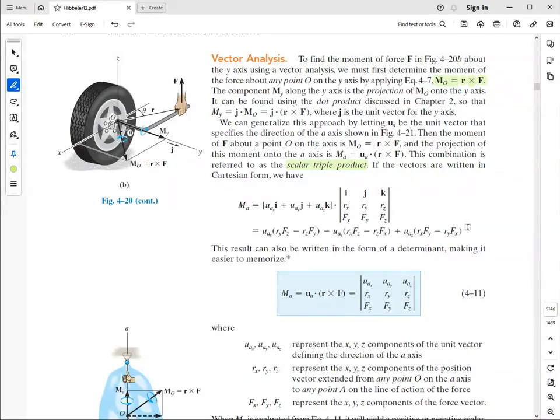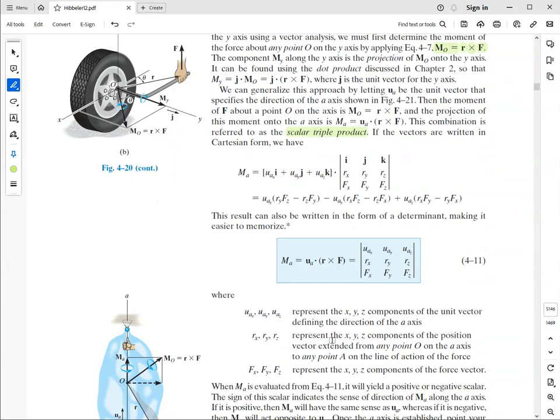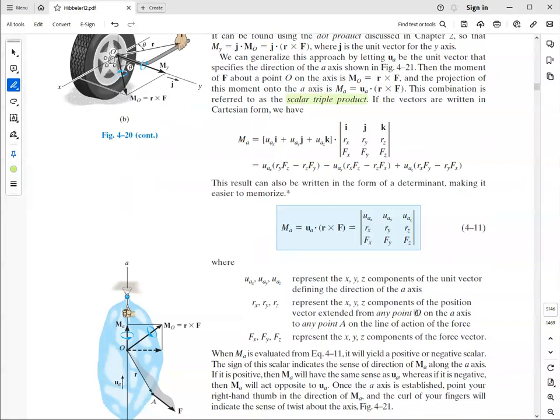In concise form it can be written this way. You can expand this determinant about the first row, and that will give us the magnitude of the moment about the respective axis. It could be negative or positive. If it's positive, the moment will be in the direction of the unit vector; if negative, the opposite.